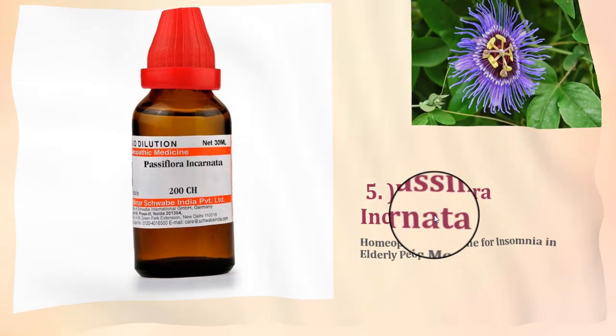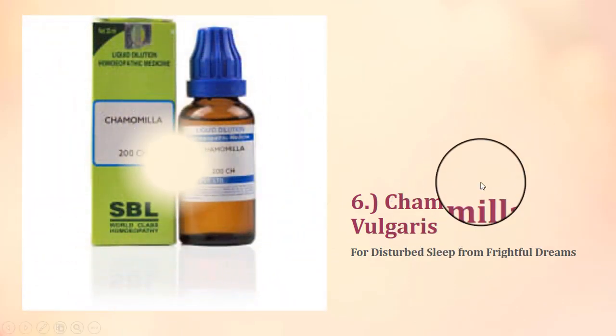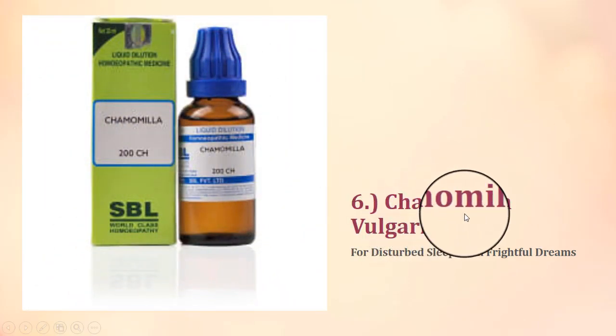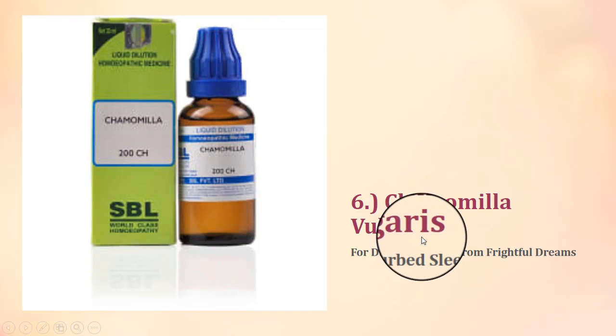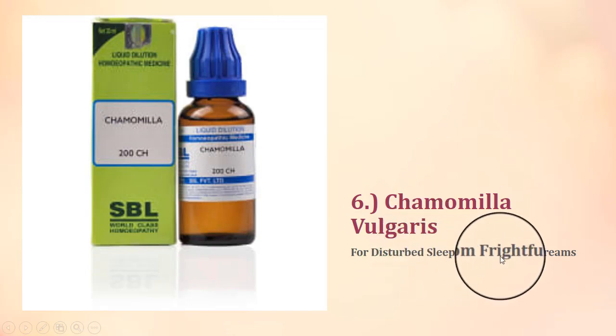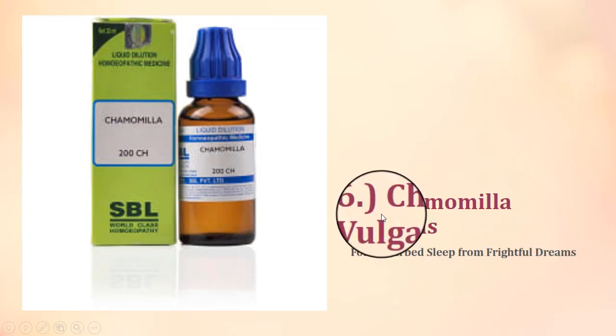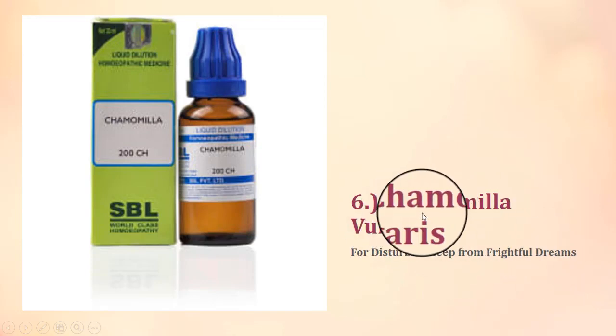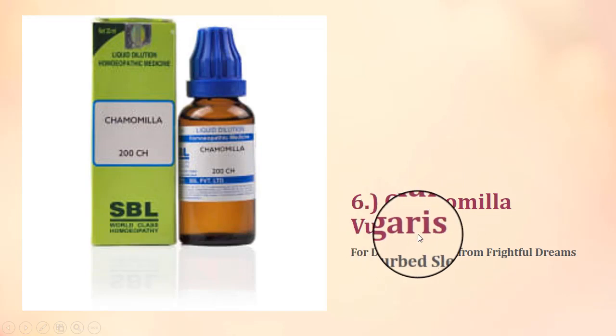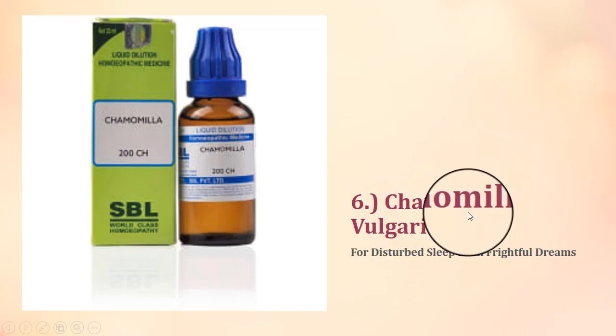Now our sixth medicine for insomnia, that is Chamomilla vulgaris, for disturbed sleep from frightful dreams. What are the key indications now? So Chamomilla vulgaris is a natural medicine prepared from the plant German chamomile.